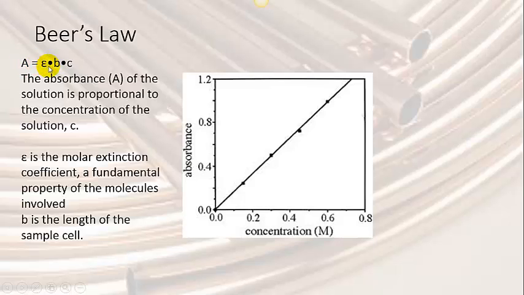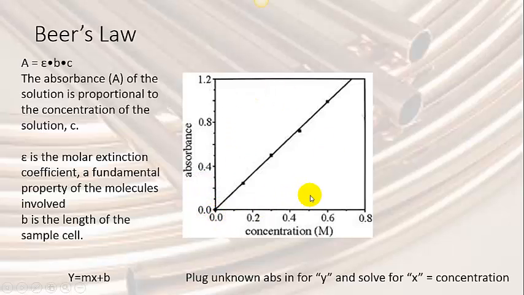Y equals mx, x is the concentration, plus b. Looks like plus b is missing, but look what b is. B is the intercept, right? And b is 0, because we have 0 absorbance at 0 concentration.